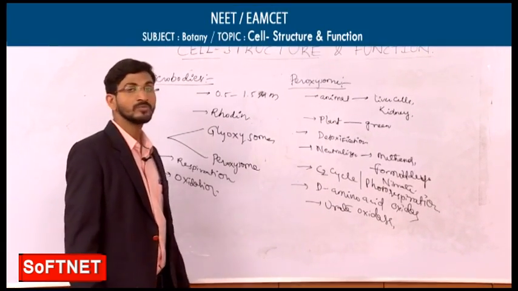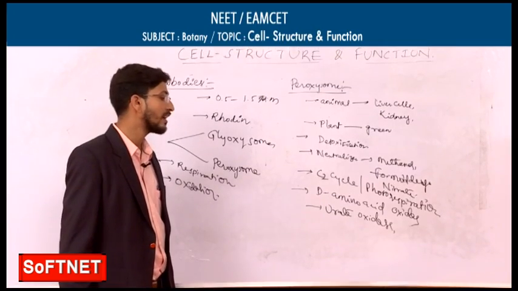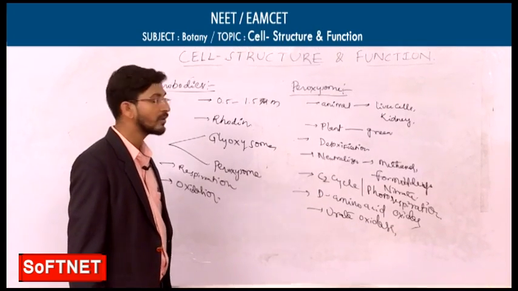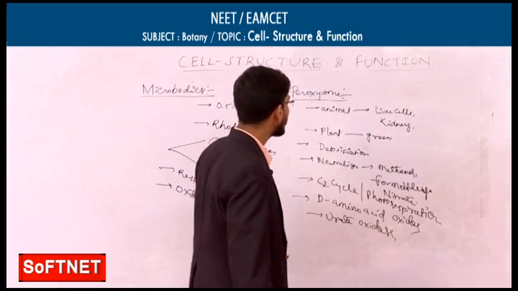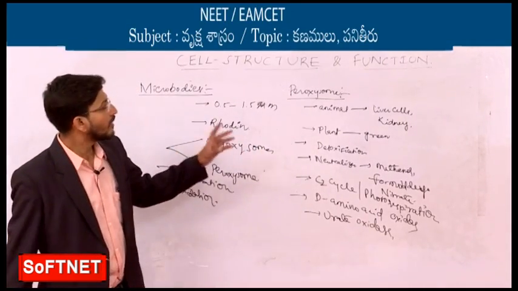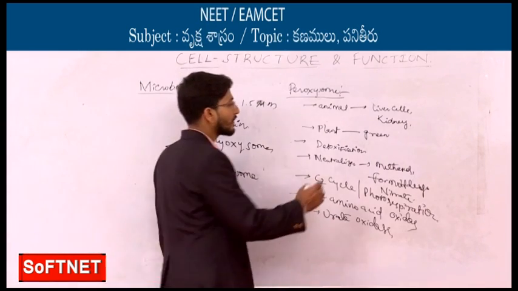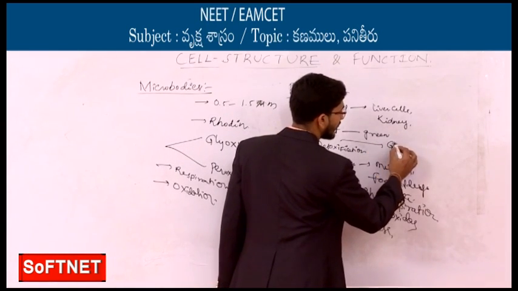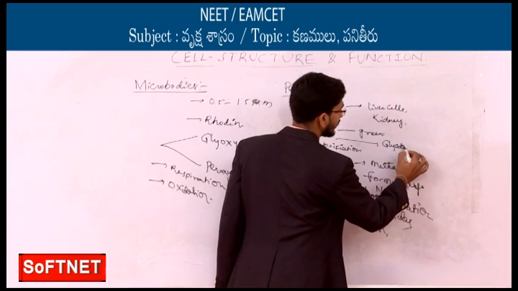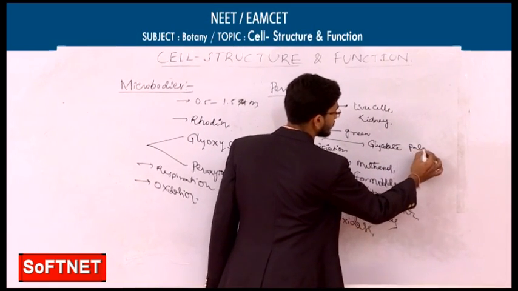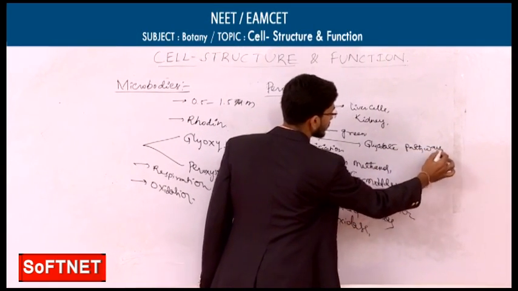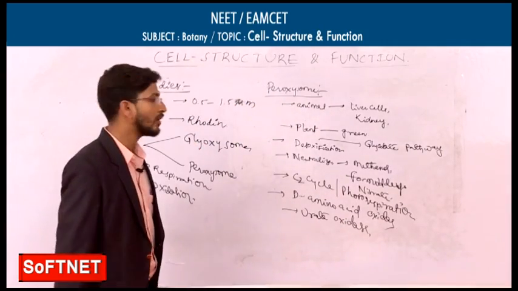These peroxisomes also contain D-amino acid oxidase and urate oxidase. Next, coming to glyoxysome. What are the major functions of this glyoxysome? One more point: peroxisomes are also involved in the glycolate pathway.